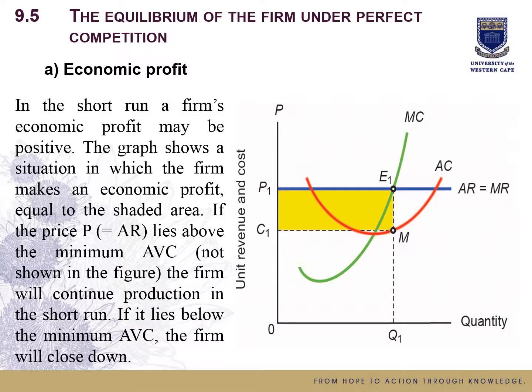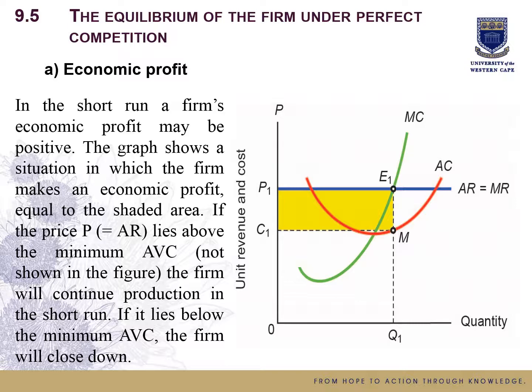Scenario 1 is whereby average revenue, which is the price, is greater than average cost and the firm earns an economic profit. The figure measures unit revenue and cost on the vertical axis and quantity on the horizontal axis. Profits are maximized where marginal revenue is equal to average revenue, which is equal to the price, and all of that is also equal to the marginal cost.